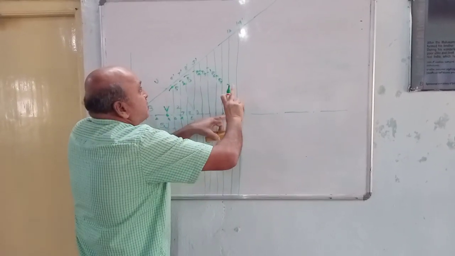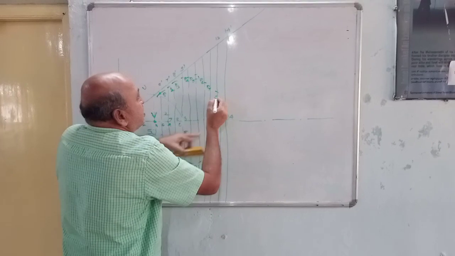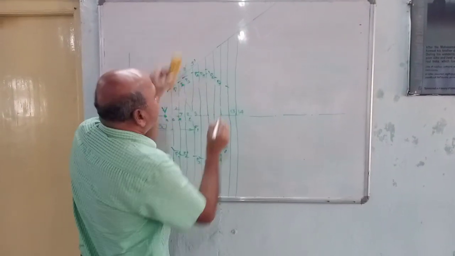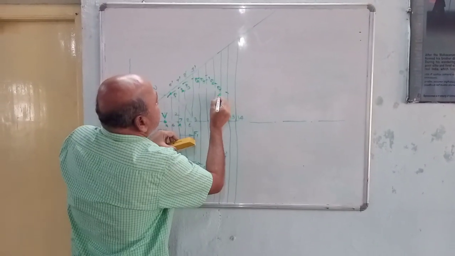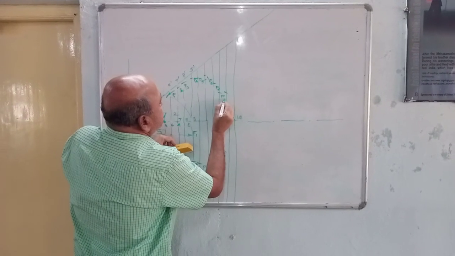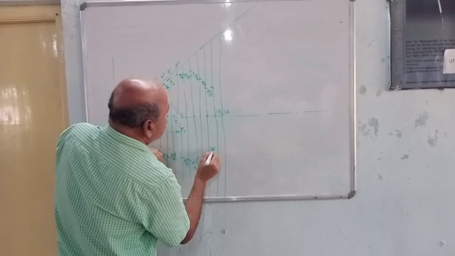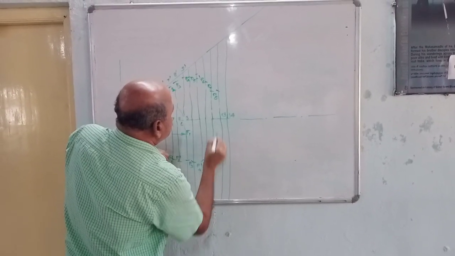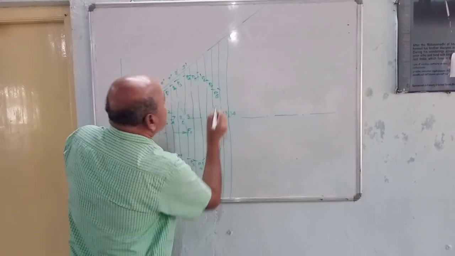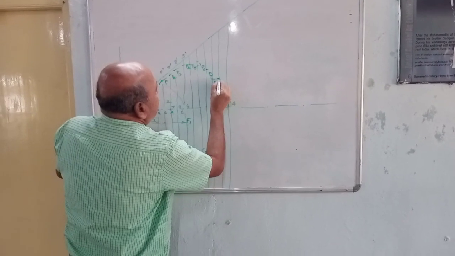What happens? Because we are taking more distance, no? It is like that. You just go on like that. Maybe P8 dash. So P7, and it is P8 dash. Let us say P9 dash.